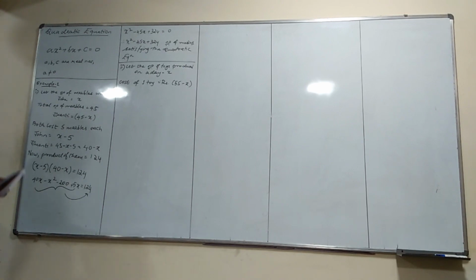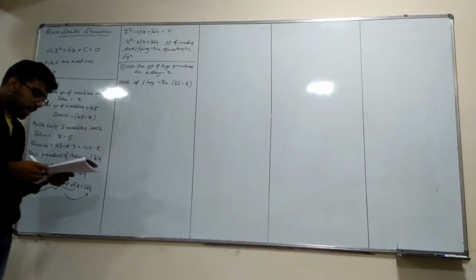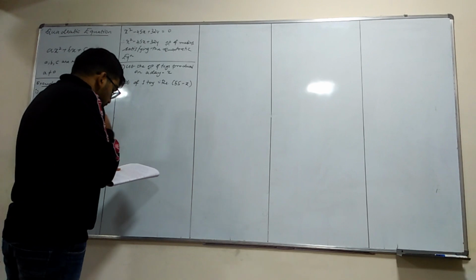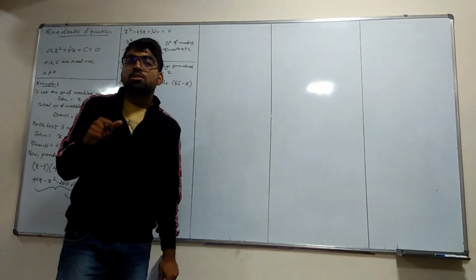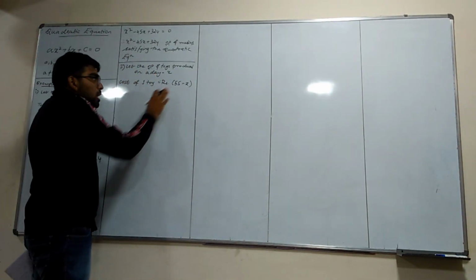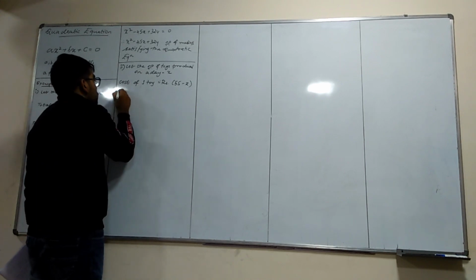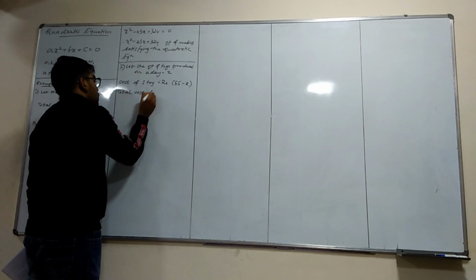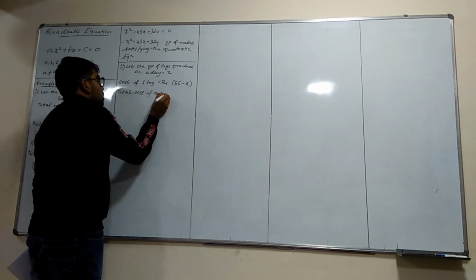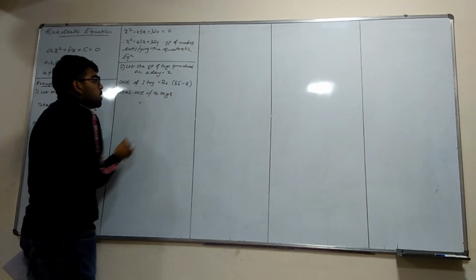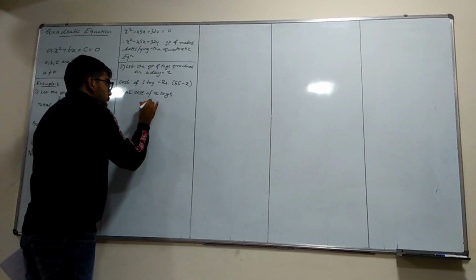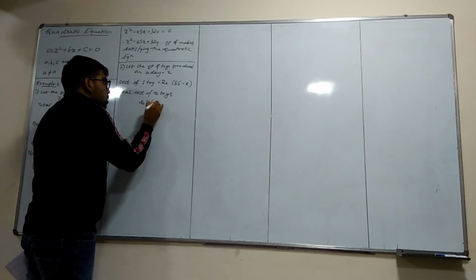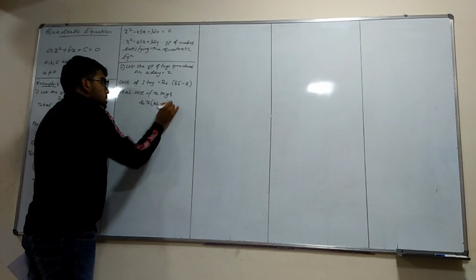Then the total cost of x toys will be how much? For one toy this much. For x toys, how much? X toys will be rupees x into 55 minus x.